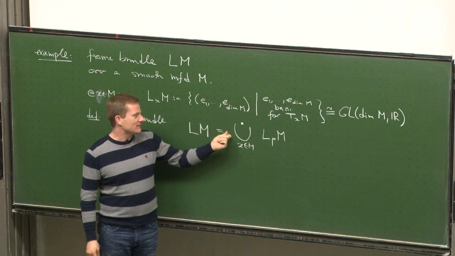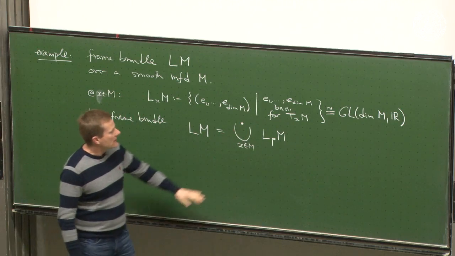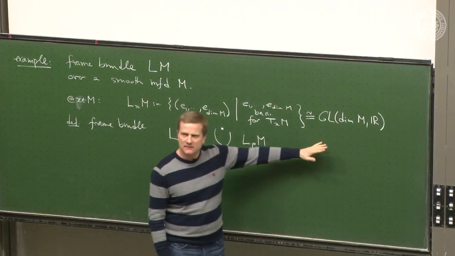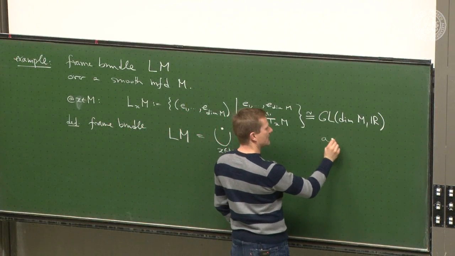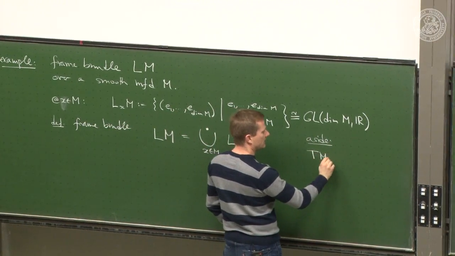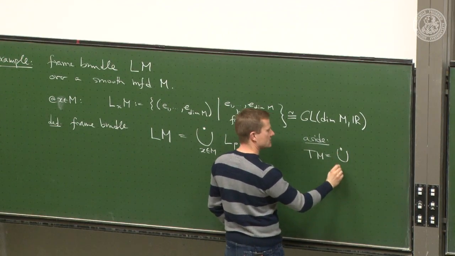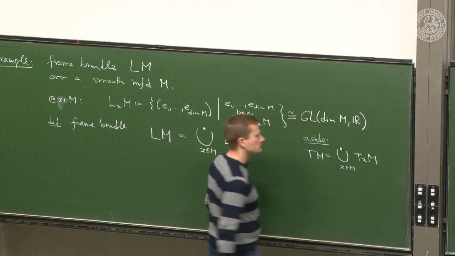This is really the precise definition, and the idea is the following. Go back to the tangent bundle. An aside is the following. So we defined the tangent bundle in similar fashion. We had the disjoint union over all the x's in M, T_xM.